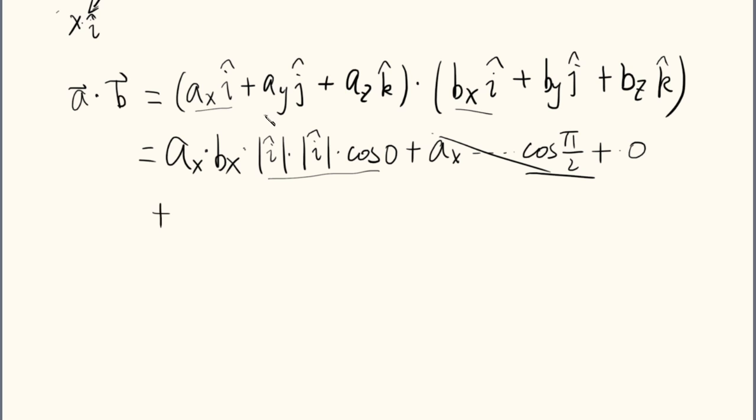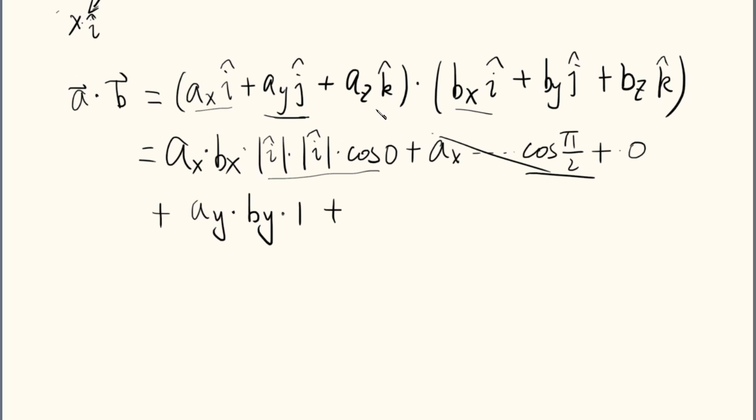For the second part, J is perpendicular to I roof, so this is 0. J and J, AY times BY, these two, J roof times J roof is 1, and this one J roof times K roof is 0.